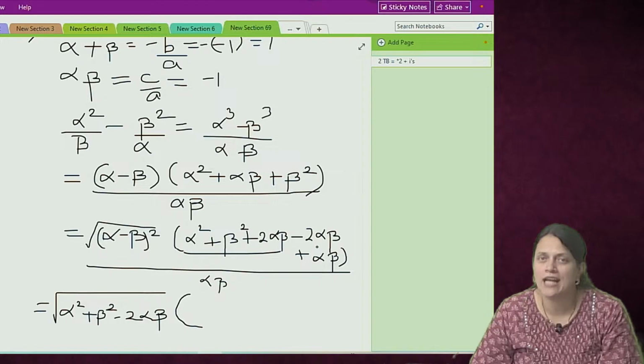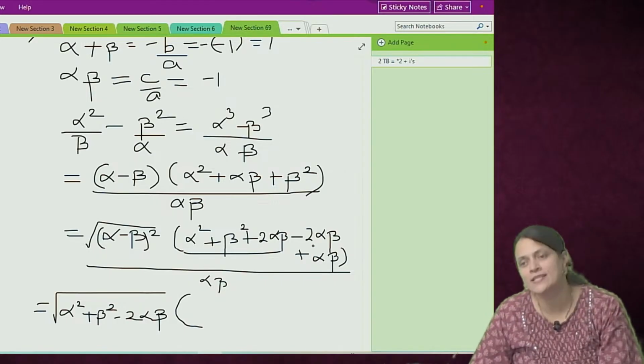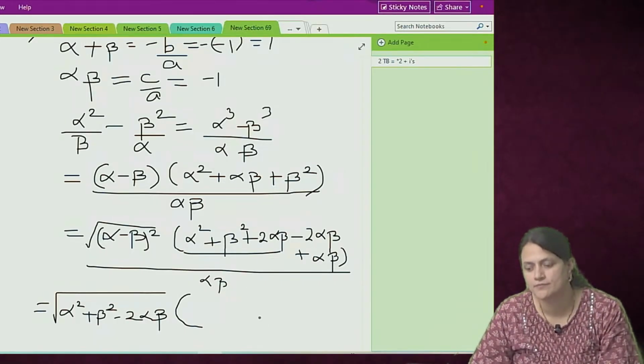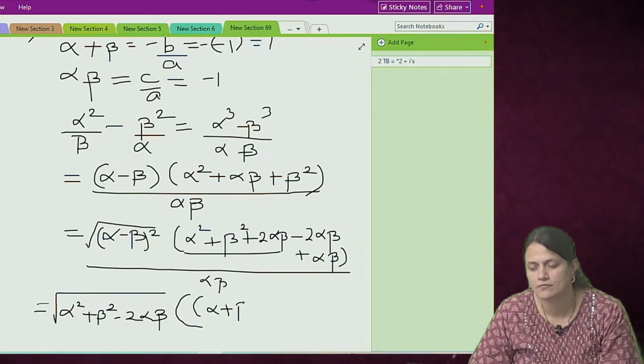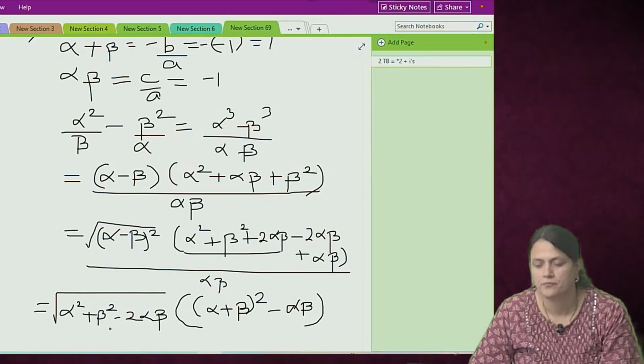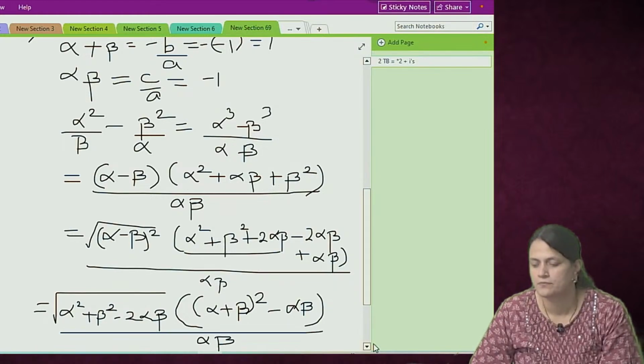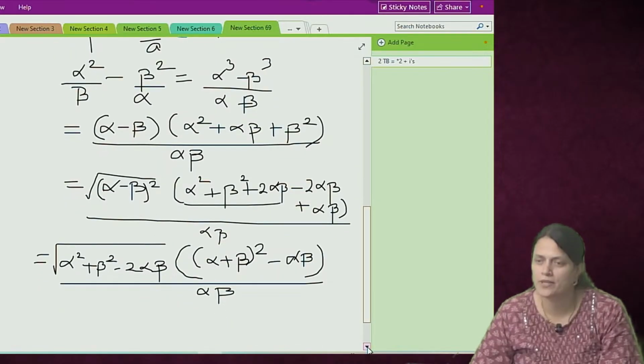And what is the answer for minus 2 alpha beta plus alpha beta? Correct? Everybody's understood this step.